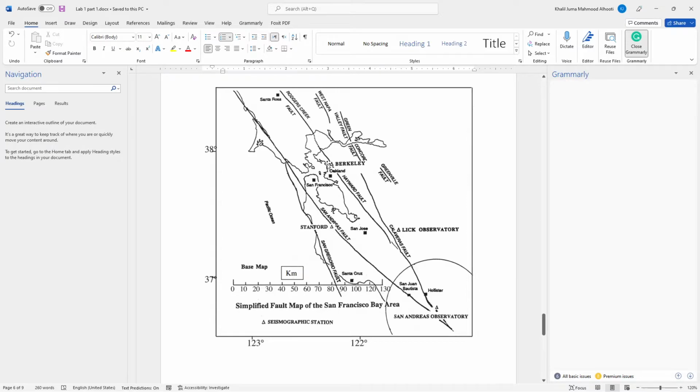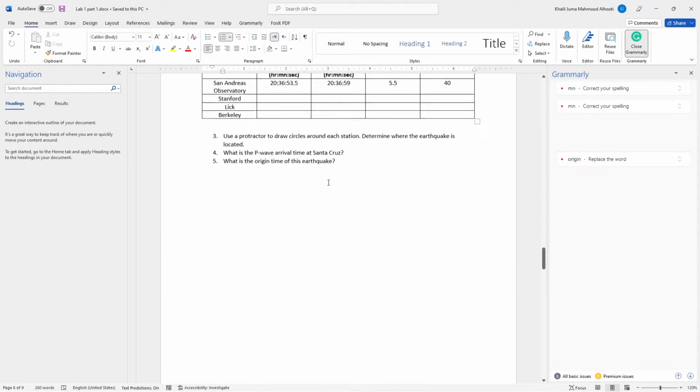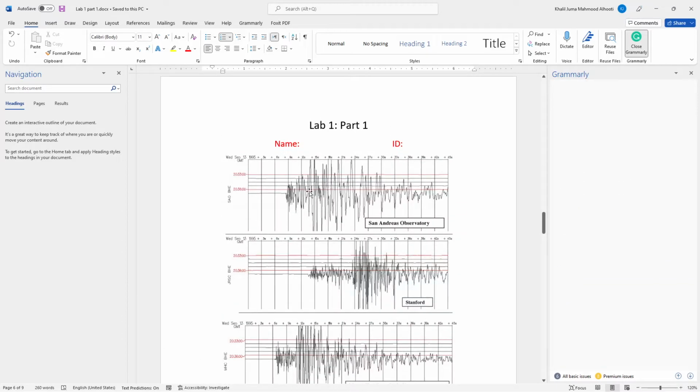These four triangles are actually the locations where we have stations. Each station recorded seismic waves, and we need to define at what time is the arrival time of P and S exactly.